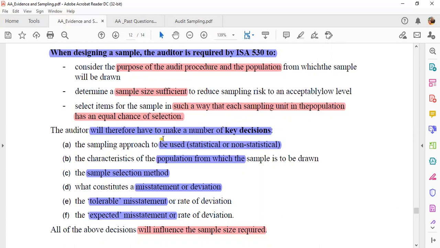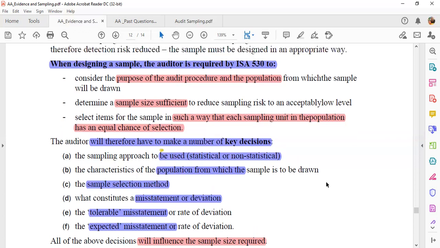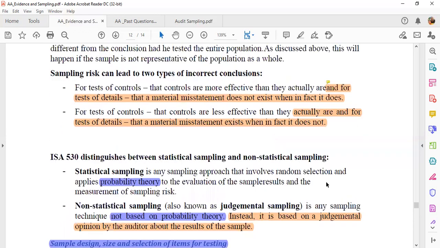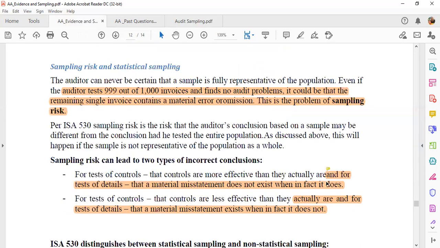You need to ask yourself, what approach are you going to use? Systematic or not systematic? The characteristics of the population, the sample selection method, the misstatement or deviation, tolerable, expected. Those are decisions that the auditor needs to make when doing sampling. Please don't forget to do that.